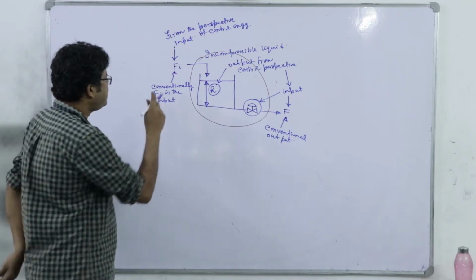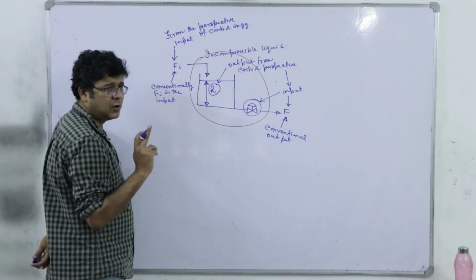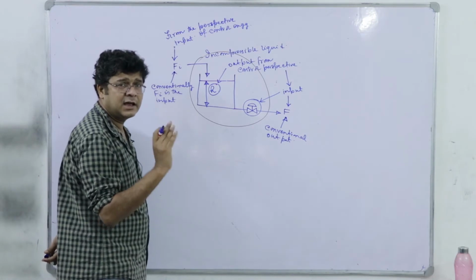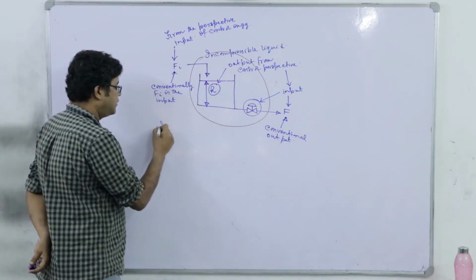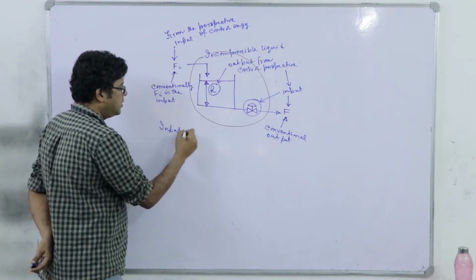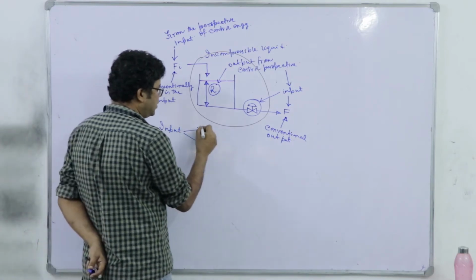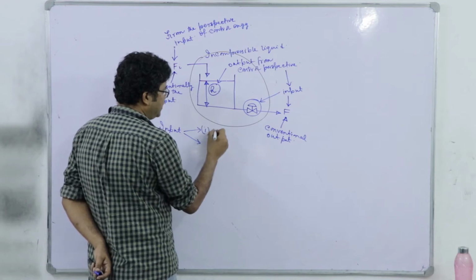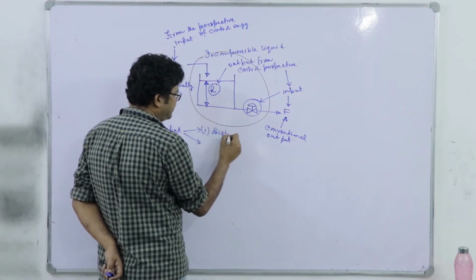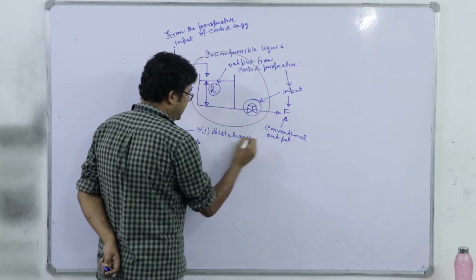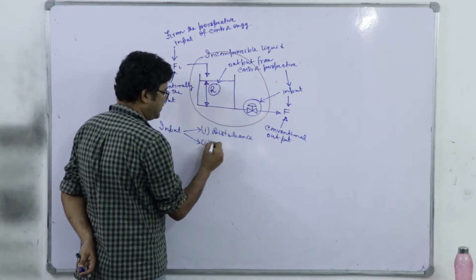So Fi is a kind of variable over which we are not having any control, right? So inputs are categorized into two different groups. One is the disturbance, another is the manipulated variable.